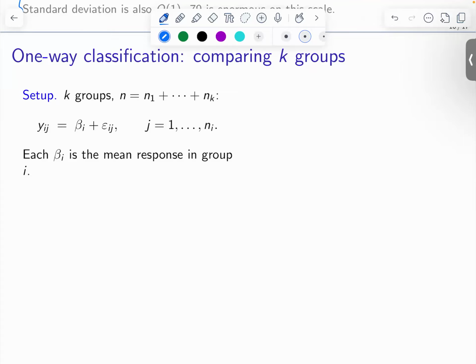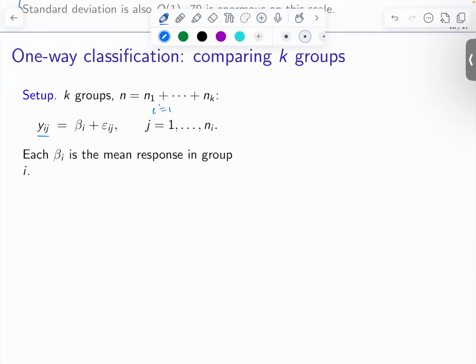It's the case where you have k groups, and each group has a mean response plus some noise. So imagine you have patients, you divide them into k groups, and then give each one a particular drug. And so Yij is the response of patient j in group i.